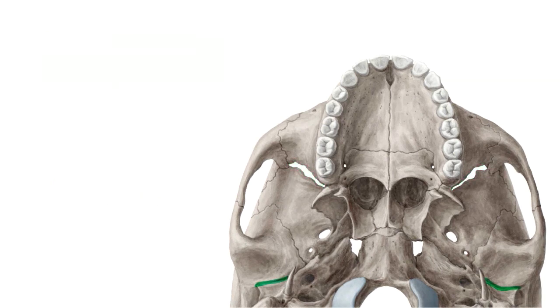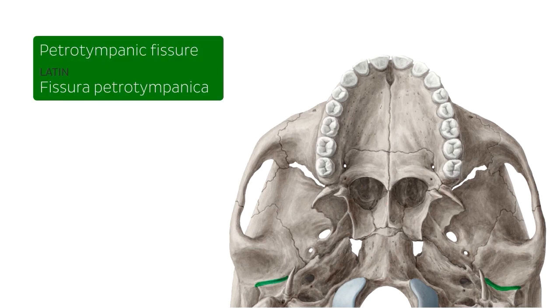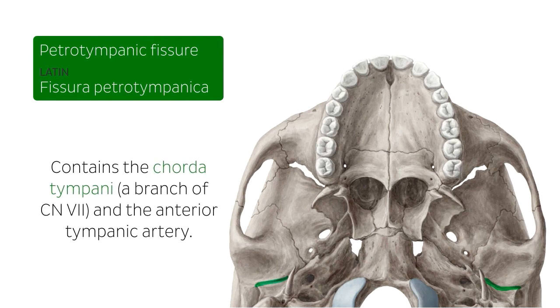Next ones on our list are going to be two fissures seen now highlighted in green. These are known as the petrotympanic fissures, and here we're going to see that these structures contain the chorda tympani, a branch of the facial nerve, and also the anterior tympanic artery. It is located on the temporal bone, as you can see here on the inferior view of the skull. We're going to move on to this one here.